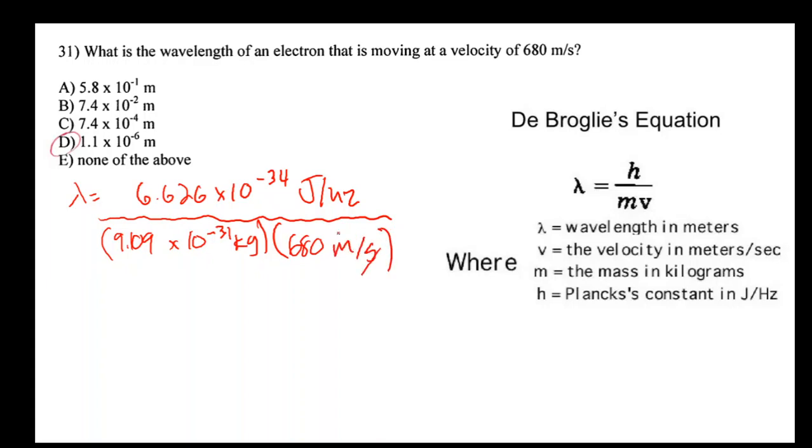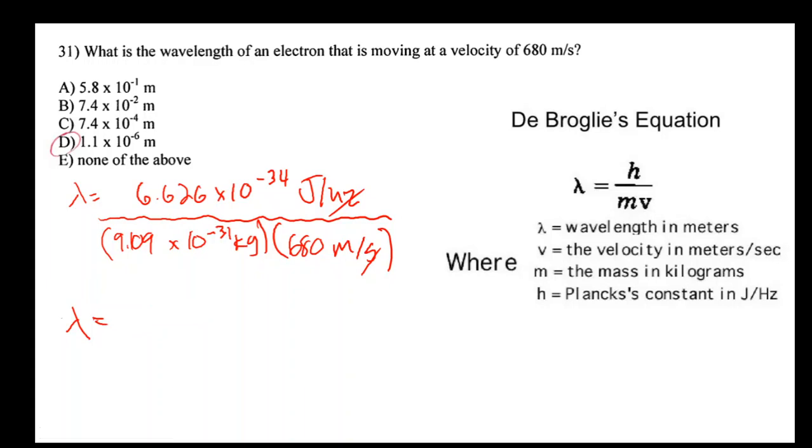So hertz is kind of seconds inverse, so that will cancel. And then kilograms per meters kind of cancels with joules, so you'll be left with a wavelength in meters. And that is... Oh gosh, sorry. I'm thinking about the joules too much.